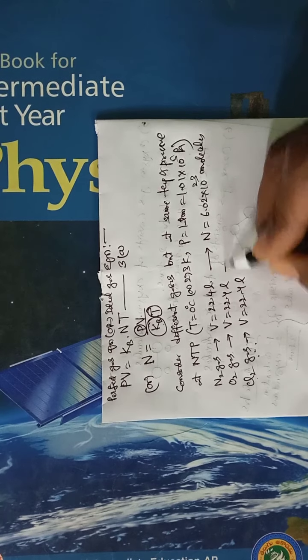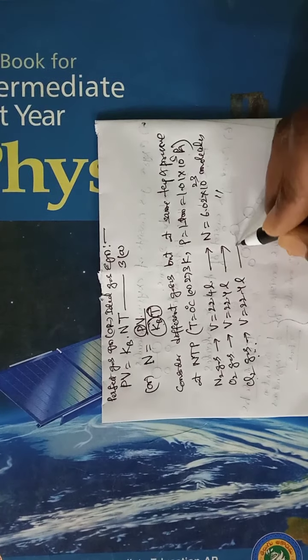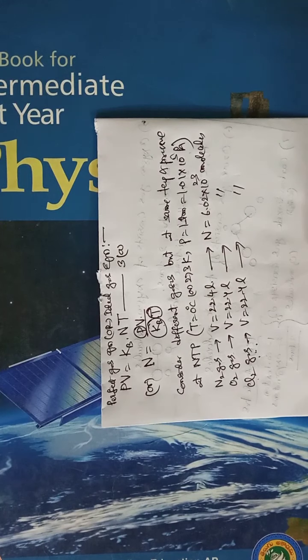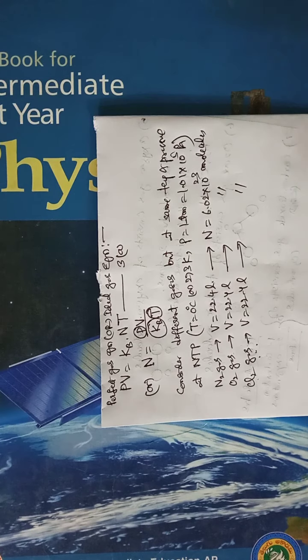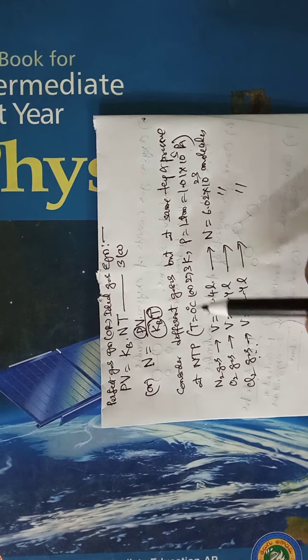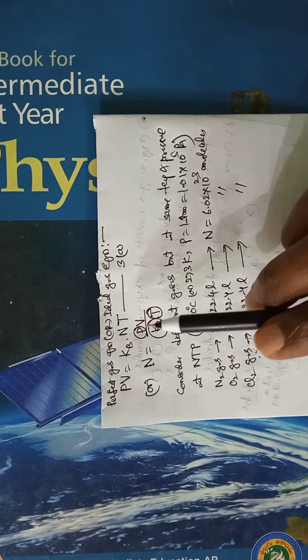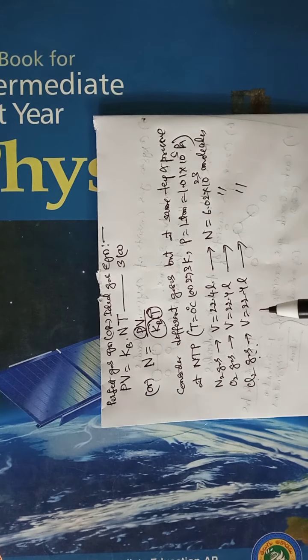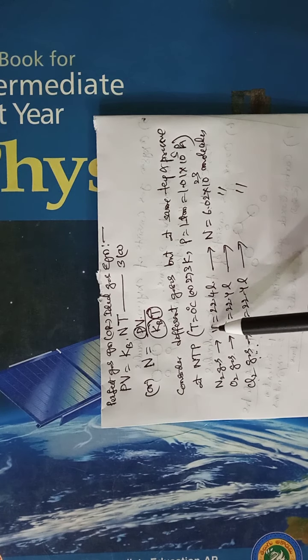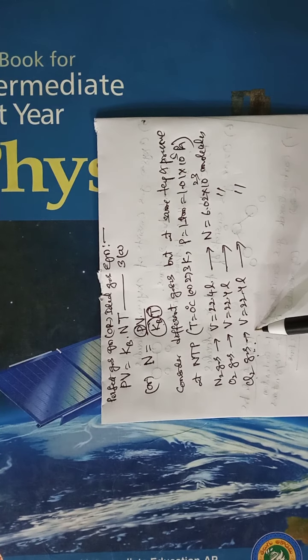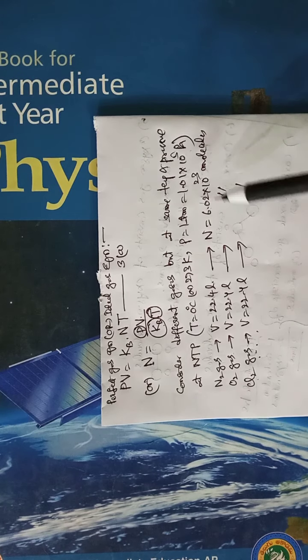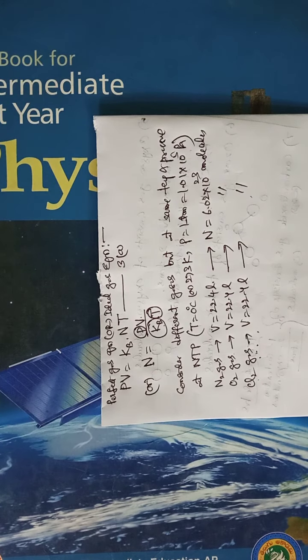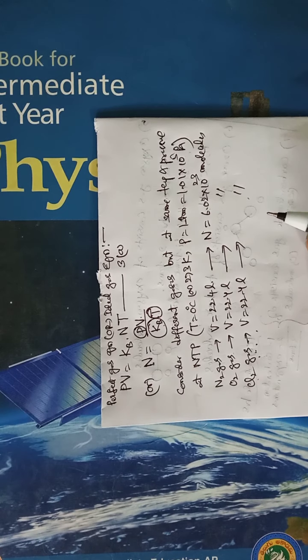Here also you have the same thing. Here also you have the same thing. So when temperature and pressure are fixed, then equal volumes of different gases will have equal number of gas molecules, and this is known as the Avogadro hypothesis.